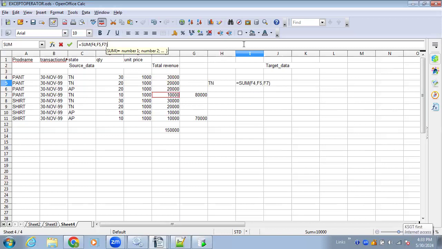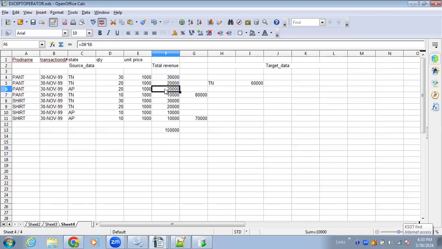I think it is semicolon over here. If it's Excel, you can give colon, semicolon here. F4, F5, 30 plus 20, 50 plus 10, 60.